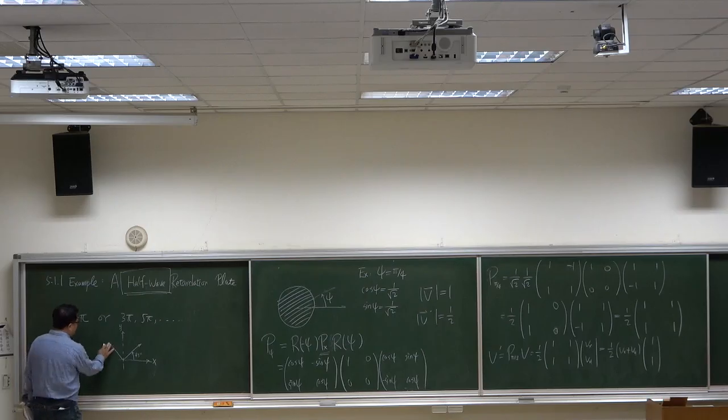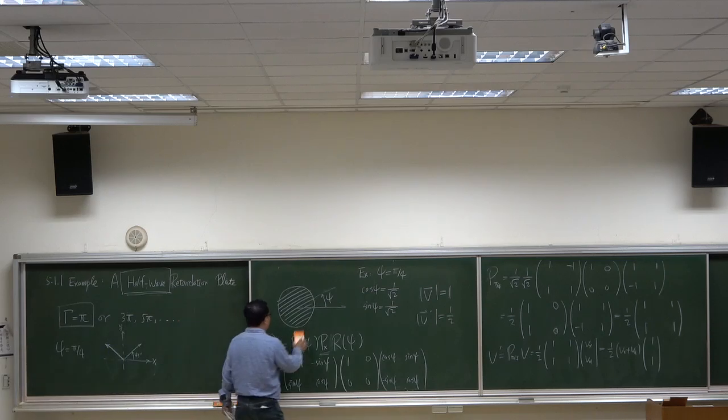Okay. And gamma is equal to an integer times pi.